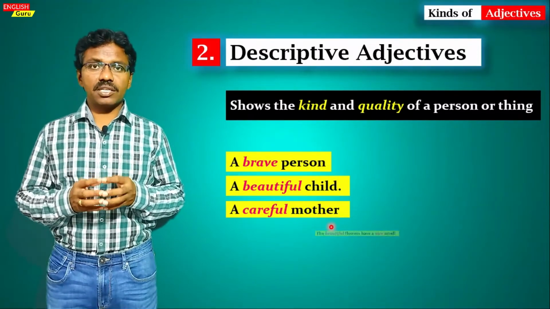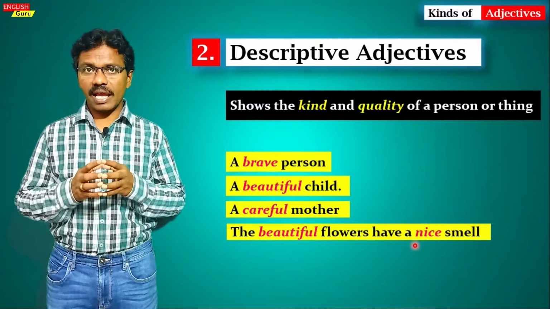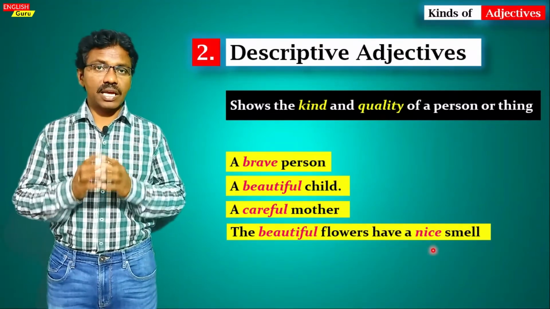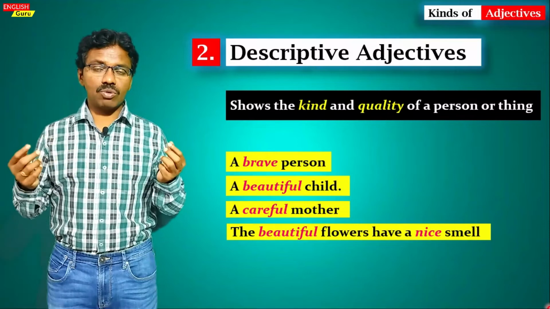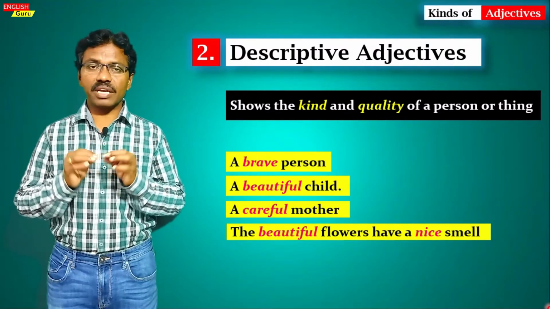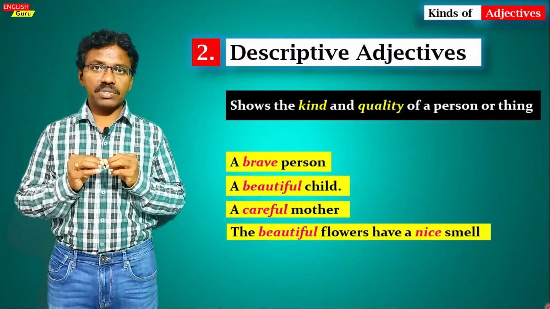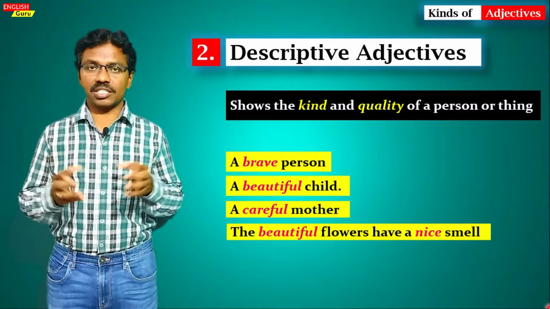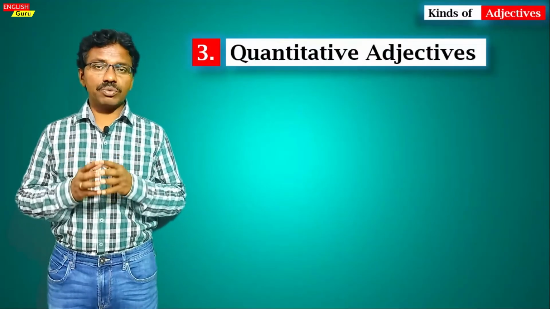If you see it in a sentence, the beautiful flowers have a nice smell. Beautiful and nice. They are describing, talking about nouns, so they are descriptive adjectives. So descriptive adjectives describe a person or a thing. They talk about a quality. And the third one is quantitative adjectives.